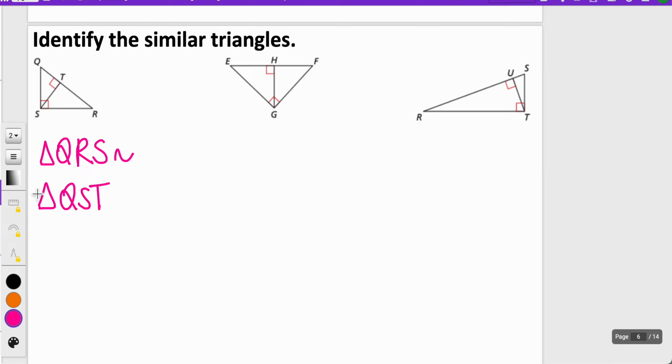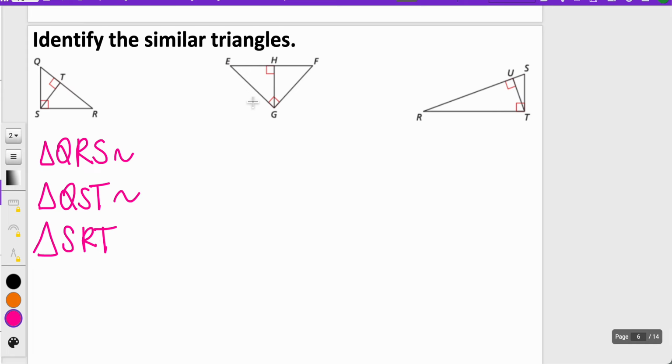Okay, so QRS, and then QST. Notice how I'm ending with the 90-degree angle. So the last triangle, if I end with a 90-degree angle, it would need to be SRT, or you can do RST. Okay, so all three of these would be similar.